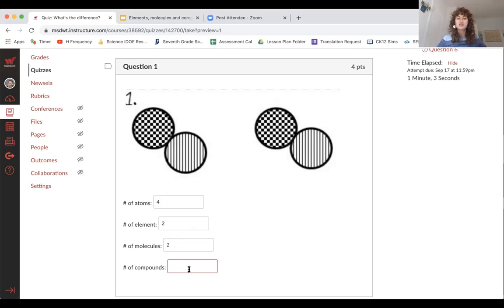So you have to look at each group and ask yourself, is there more than one pattern in this group? If yes, it's a compound. So is there more than one pattern in this group? Yes, 1. Is there more than one pattern in this group? Yes, 2. So there are 2 compounds and 2 molecules. They're both molecules and compounds.